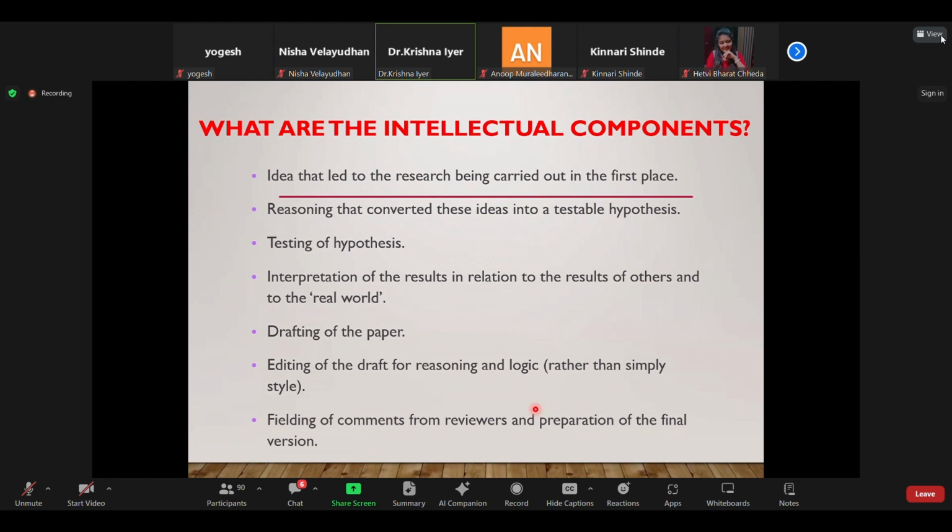And finally, when you send the paper to the publication house and somebody reviews and asks questions about the research work, who is the one answering the queries of the reviewers? If you are doing any of these, then you qualify to be a part of the authorship of the paper. So make sure that if your name appears on a paper, you have done at least one of these things. If not, then try and get the name removed because you're not supposed to be there. Okay.